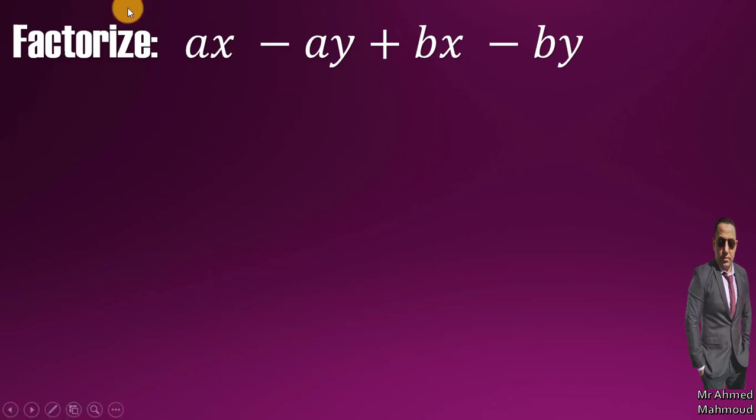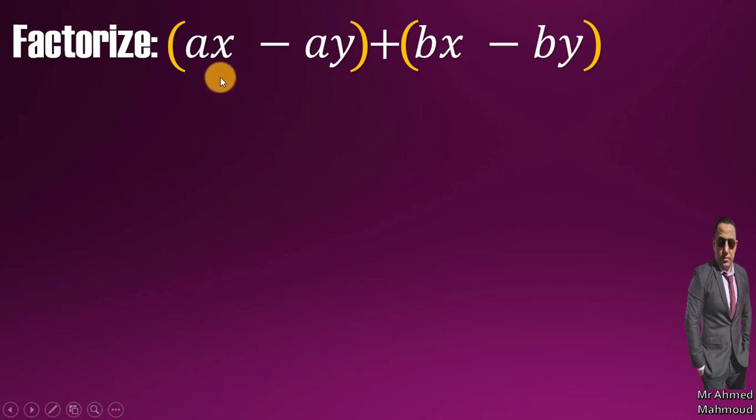I'm going to take the first and the second in a group and the third and the fourth in another group, but you have to note that the middle sign must be positive. Again, the middle sign must be positive to make a good mathematical statement.